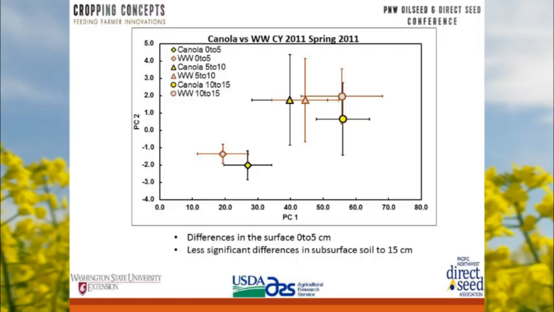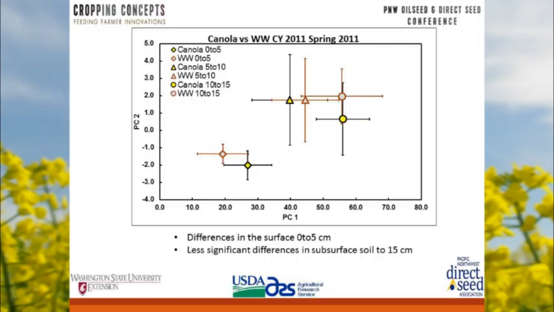The yellow and black represent the canola, the crimson and gray represent the winter wheat, and the bars indicate the standard deviation or the error, or how much the data are spread out. So you see a lot of overlap in the bottom 2 depths here, and at the surface depths, you see not a lot of overlap, so we can deduce that those soil microbial communities at the surface are different.